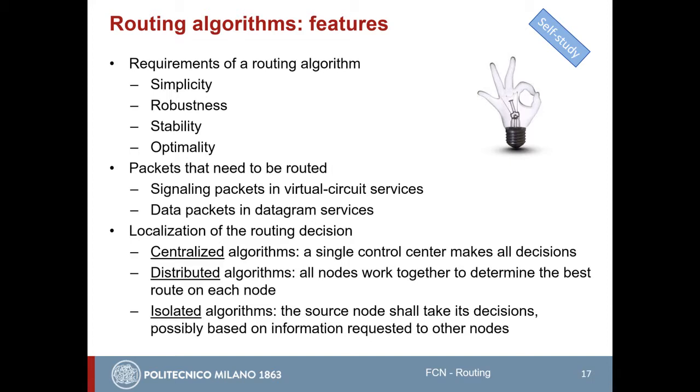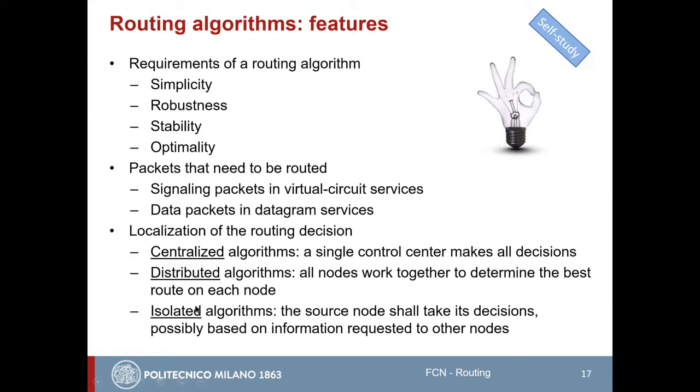Another feature that distinguishes between different algorithms is where the routing decision is taken. So we have the distributed algorithm, those that I have talked about so far, and those that are applicable to IP. But there is also the possibility of having centralized algorithms where there is a single control center that makes all the decisions, and even isolated algorithms.